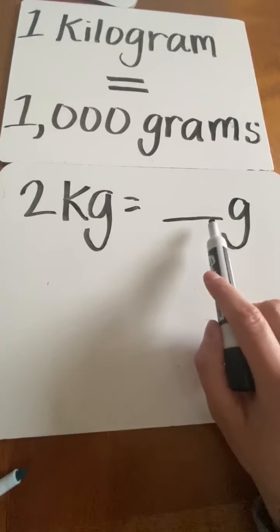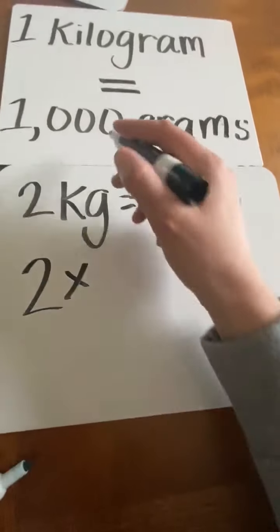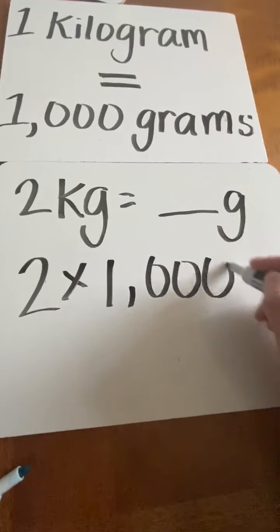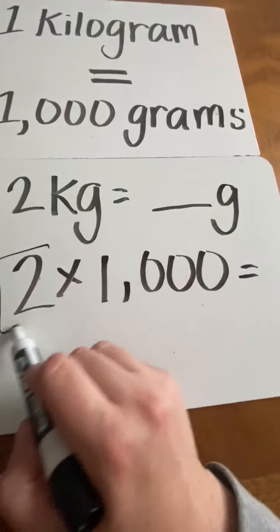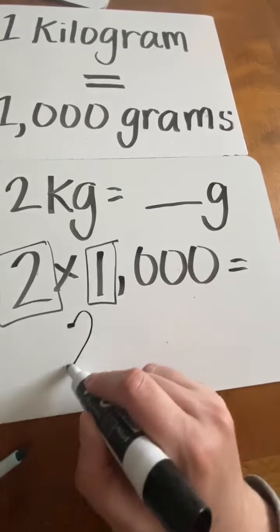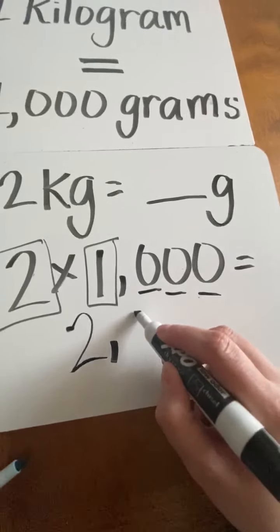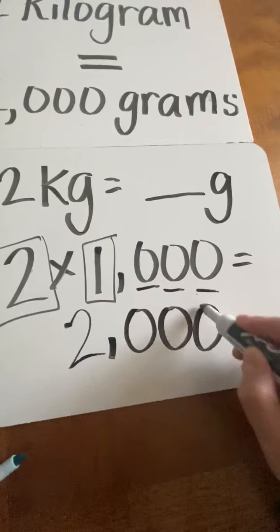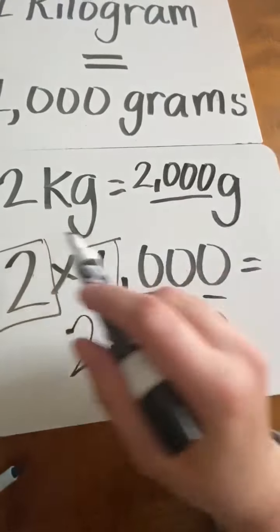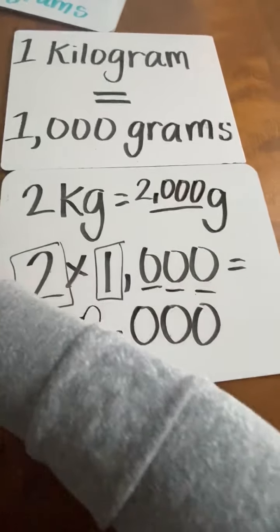So if I want to figure out how many grams are in 2 kilograms, I'm going to take 2 and multiply it by 1,000. And then I take my 2 and my 1. 2 times 1 is 2. And I have 1, 2, 3 zeros in my problem. So I need 1, 2, 3 zeros in my answer. So 2 kilograms equals 2,000 grams.